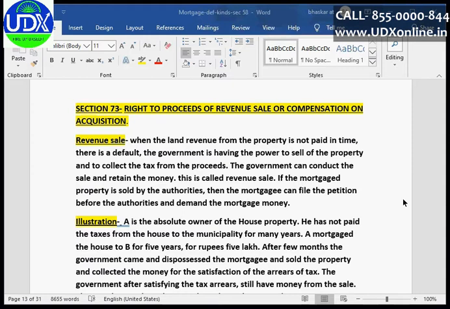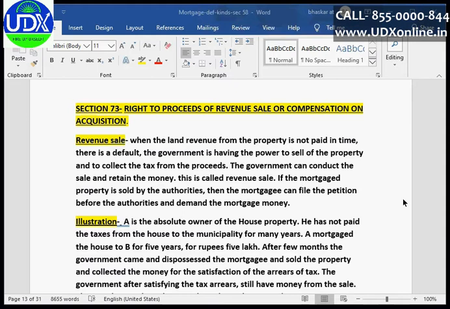Now, out of these two, which acquisition is lawful, which acquisition is for the benefit of the common public? The first one. Why not the second? Because it will only benefit a particular person, sir, for setting up his industry or factory over the area.